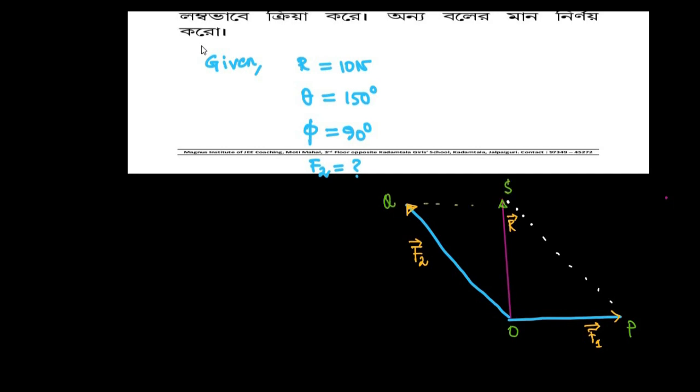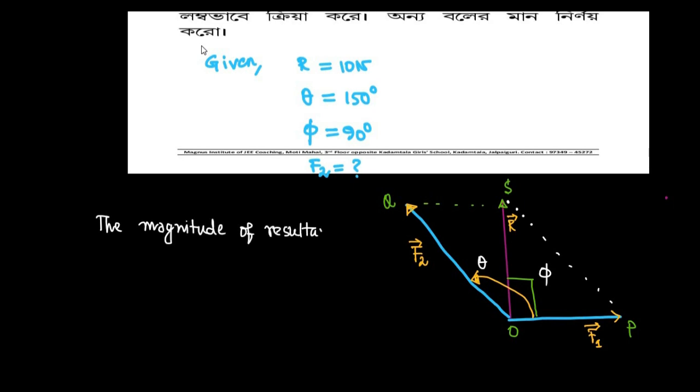Along OP, the first force F1 is acting. Along OQ, the second force F2 is acting. The angle between the lines of action of the two forces is theta. And resultant force vector R acts at an angle phi equal to 90 degree with the first force F1.